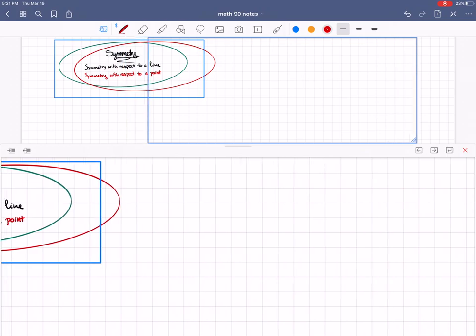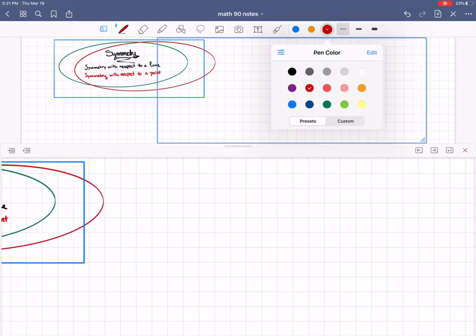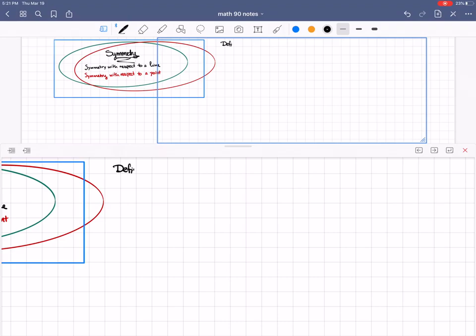So in order to talk about symmetry with respect to a line, we're going to define what that line is called. So definition, it's called an axis of symmetry.